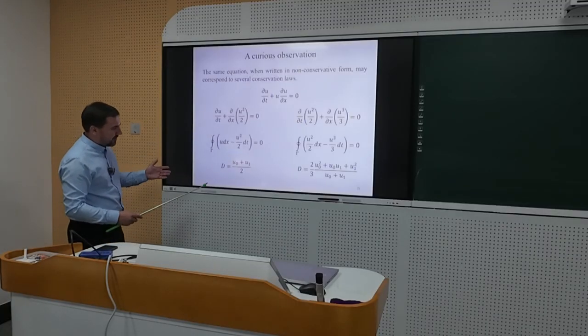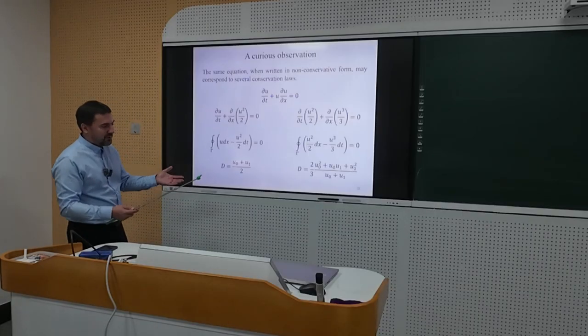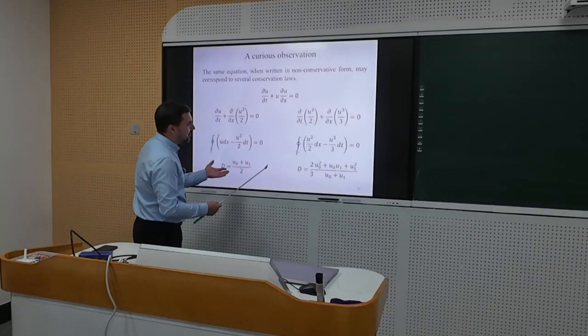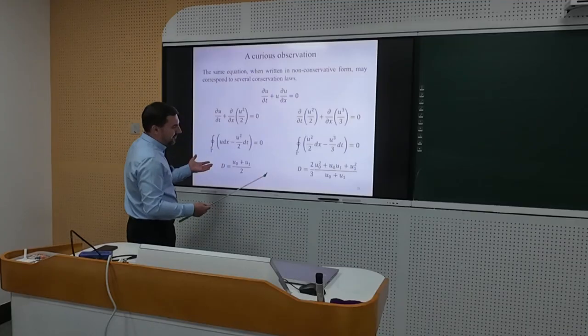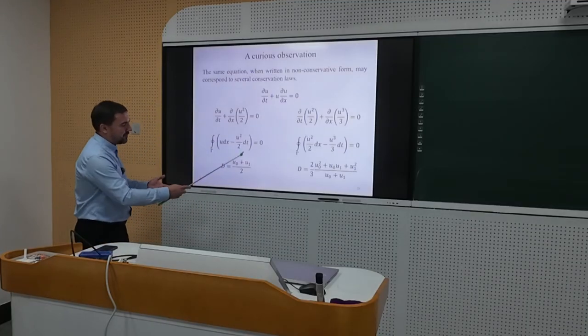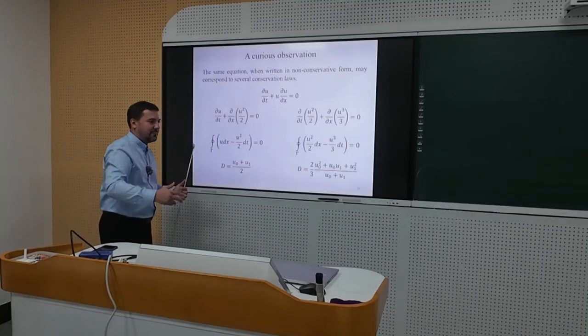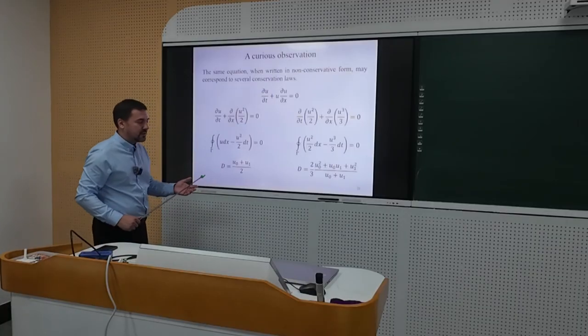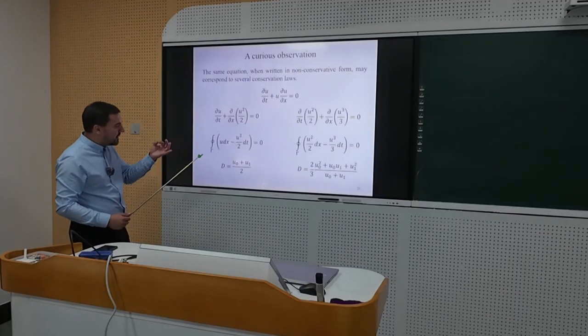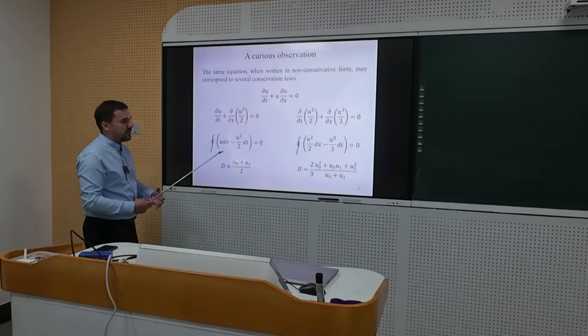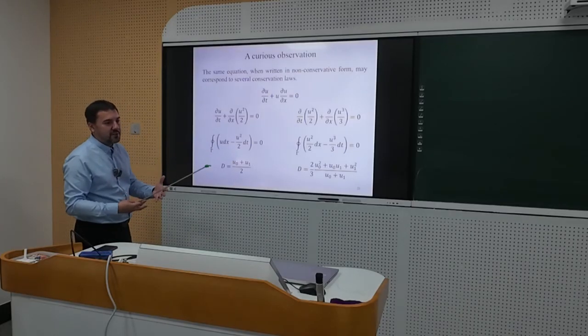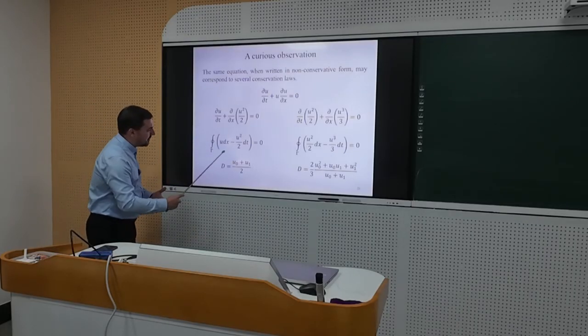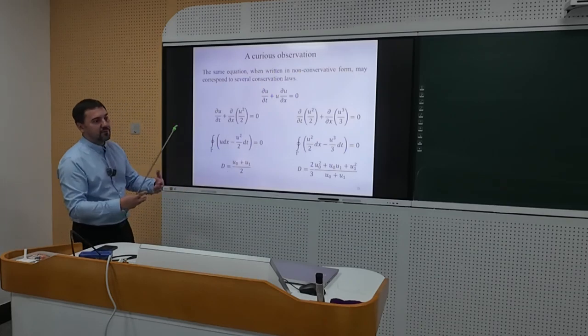And that's bad, because actually, reality is unique. It's bad if we get different results, for example, for the speed of propagation of a shock wave, depending on some mathematical manipulations. So the thing is that we should work with physically relevant initial equations, and physically relevant equations follow from physics.